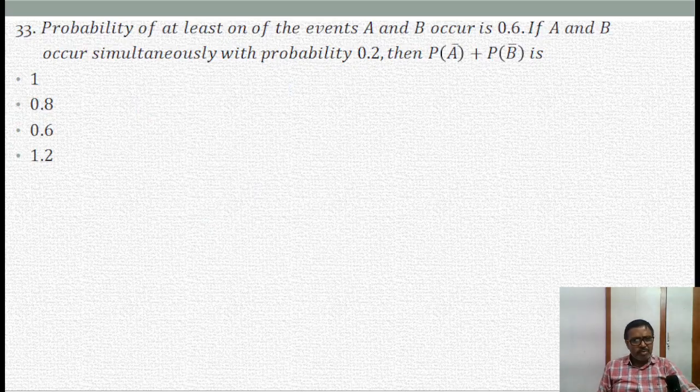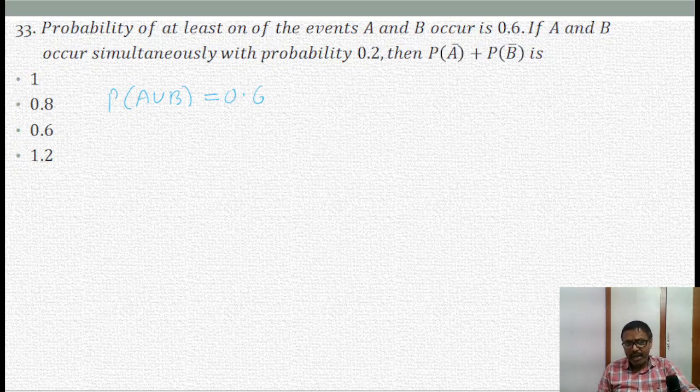Yes, a question on probability. Probability of at least one of the events A and B occurring is 0.6. At least one of A and B means A union B. So they have given probability of A union B is 0.6.